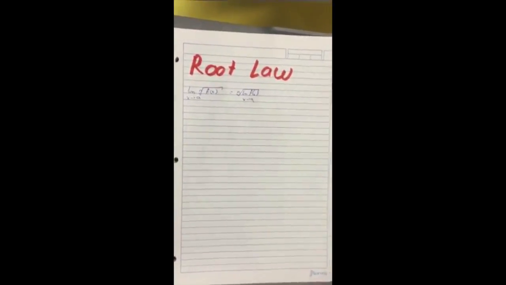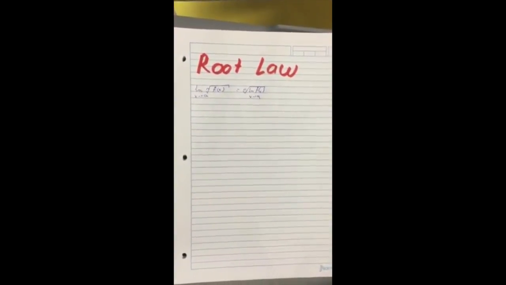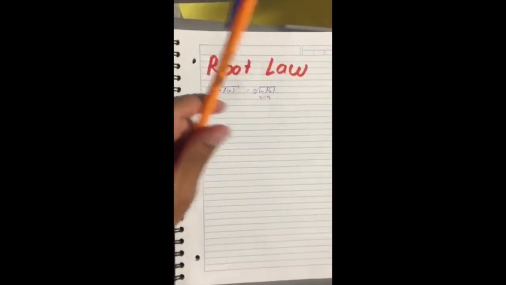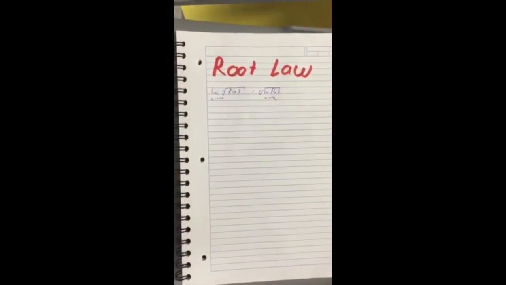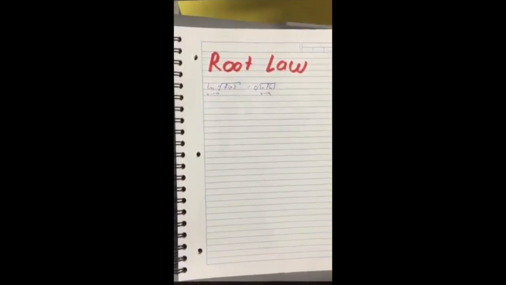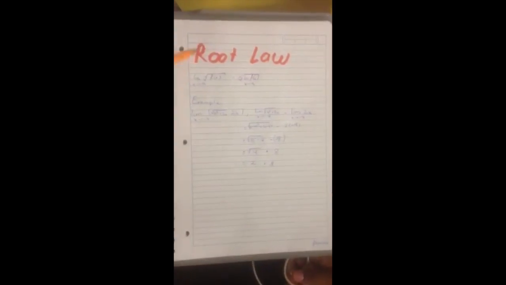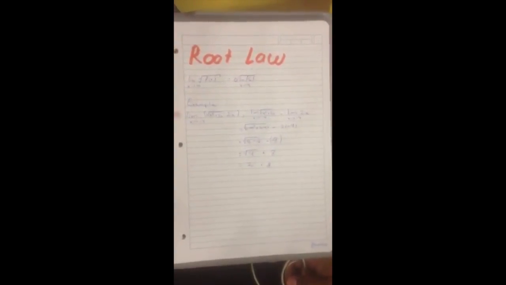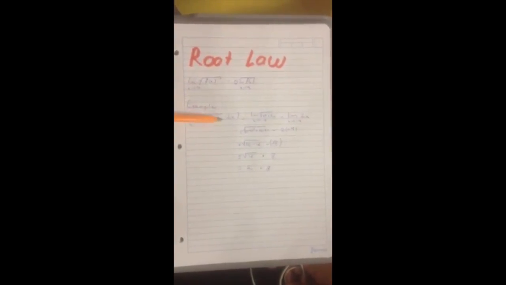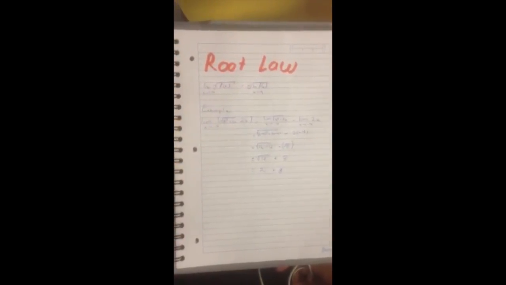Root law. The limit of a positive integer root of a function is the root of the limit of the function. We must remember that if n is an even number, we assume that the limit of f of x is greater than 0. In this example, for the root law, we have the limit of the square root of x squared plus 3x minus 2x when x approaches negative 4.